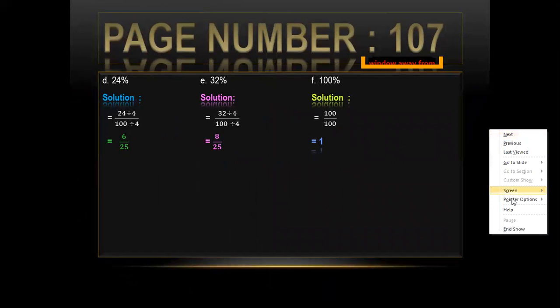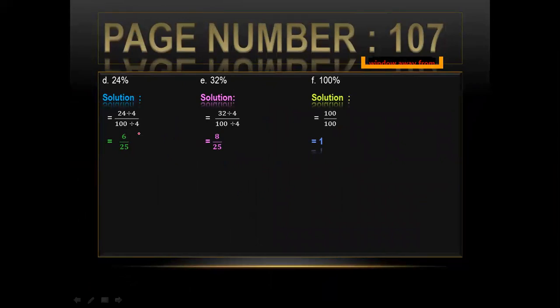Next part is 24 over 100. We know that we can divide 24 and 100 both by 4. After dividing, 6 over 25: 4 times 6 is 24 and 4 times 25 is 100. 32%, we write it 32 over 100 and then we divide it by 4 because 32 and 100 are both divisible by 4. 8 over 25.